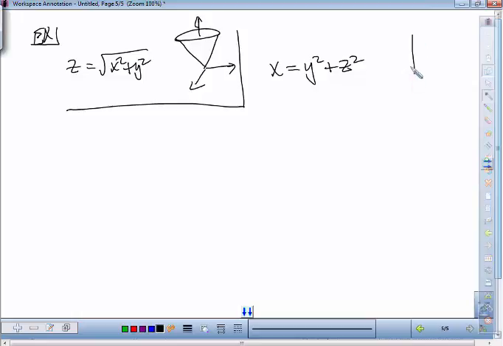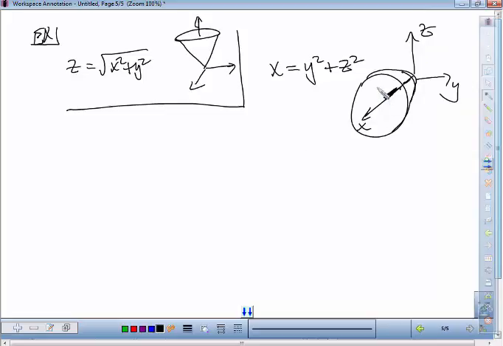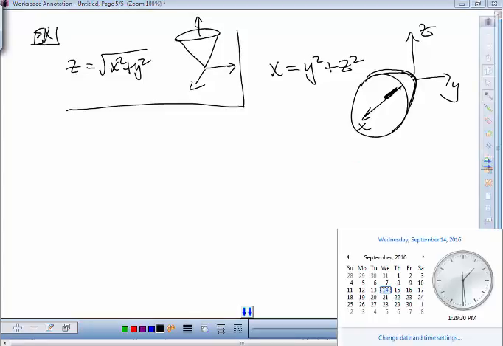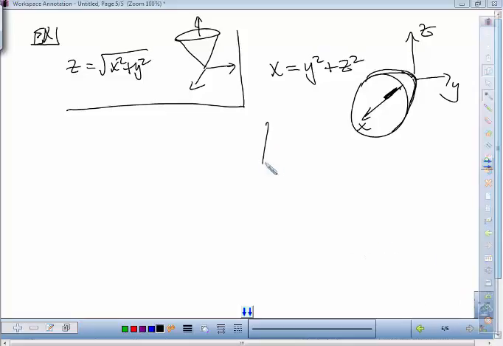So it's opening up not just in the x direction, but actually in the positive x. So there's a paraboloid opening up in the positive x direction. Right? Looks like a paraboloid, except instead of z is equal to x squared plus y squared, it says x is equal to that. So we have to make the adjustments.